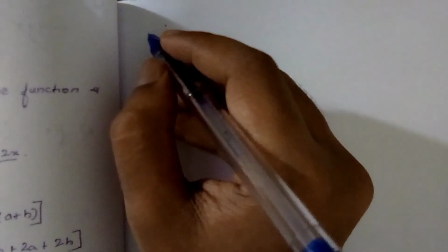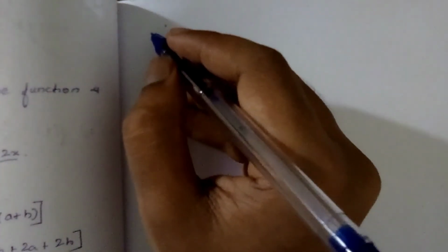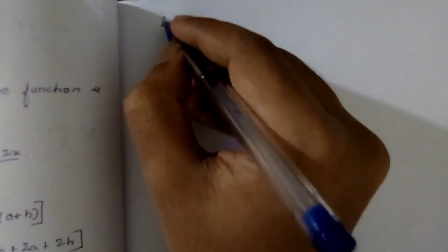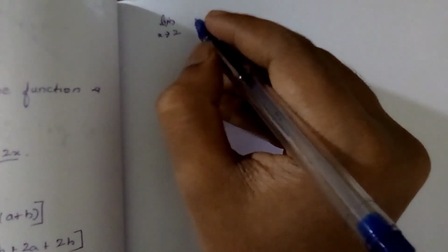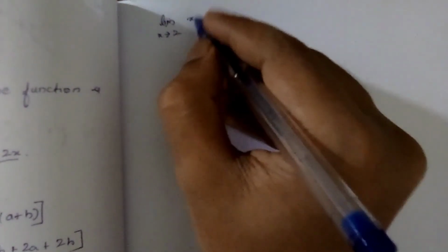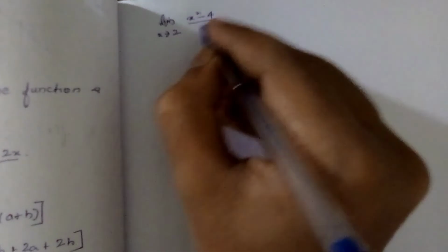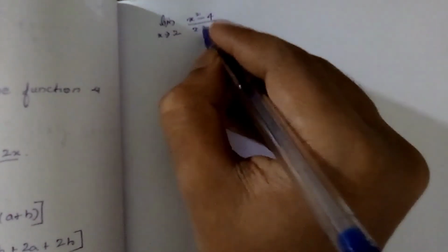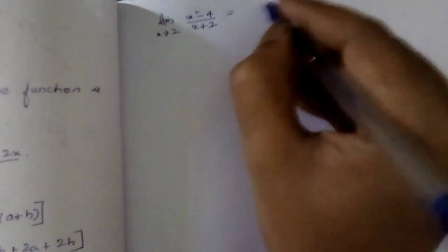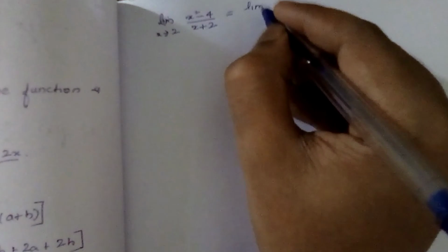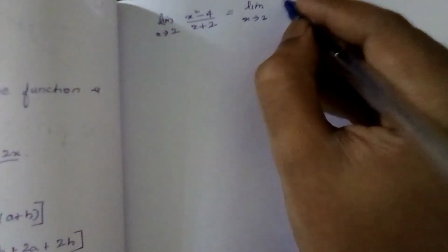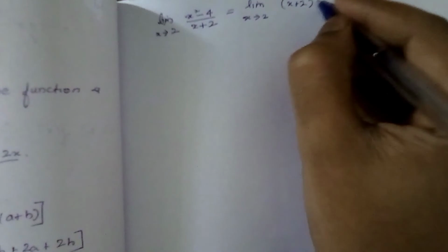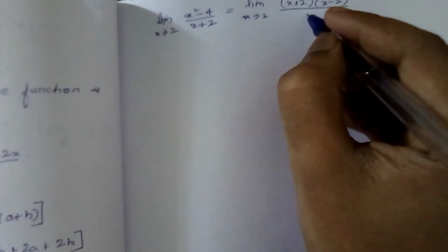So limit x tends to 2 of x squared minus 4 by x plus 2 is equal to limit x tends to 2 of x plus 2 into x minus 2 by x plus 2.